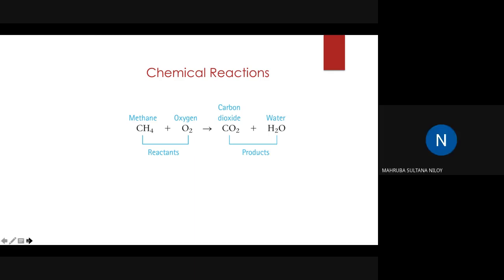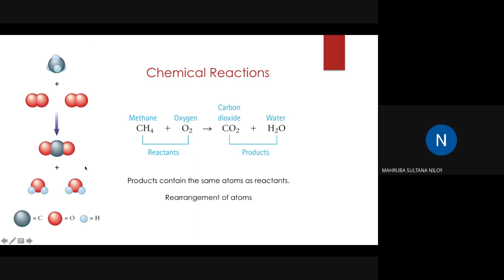So the number of oxygen, carbon and hydrogen atoms, are they the same in both reactant and product, or changed? Same, sir. So in a chemical reaction, basically some chemical rearrangements occur, and the number of atoms is the same. Is it clear? Yes, sir.